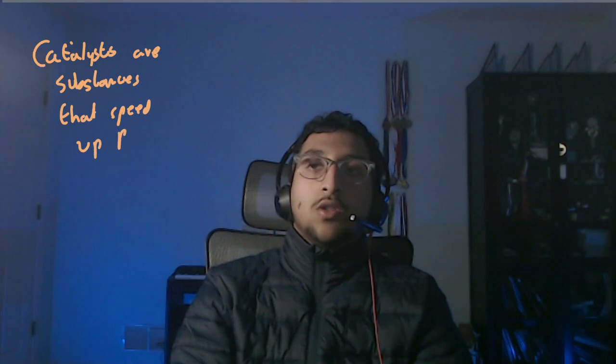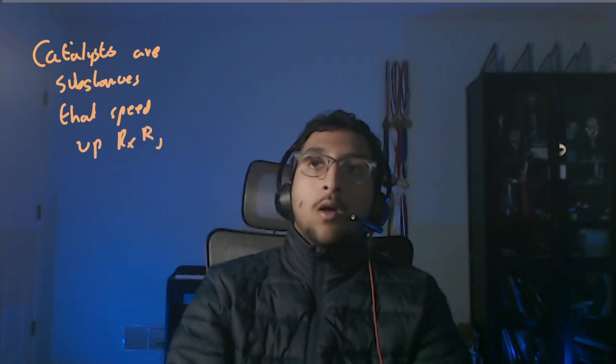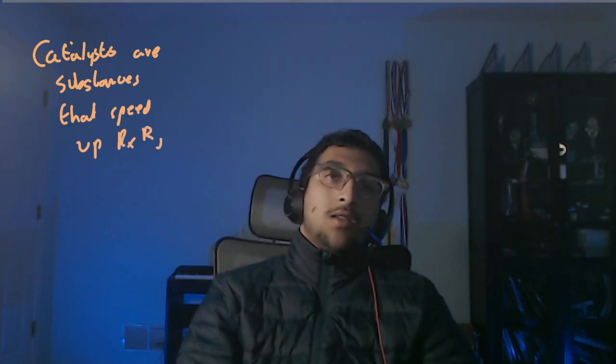This is kind of the odd one out. So a catalyst is just adding a whole other thing to a reaction. But the thing is, catalysts are substances that speed up reactions. But the hook is they don't get consumed.